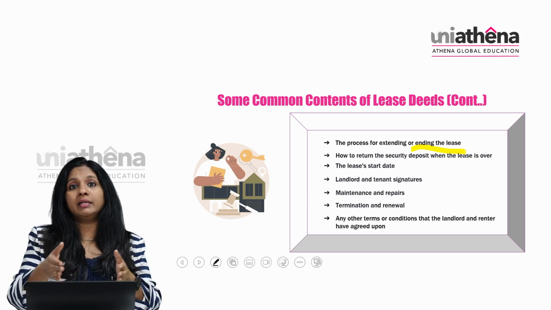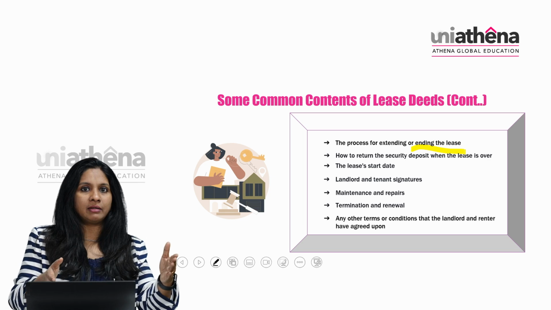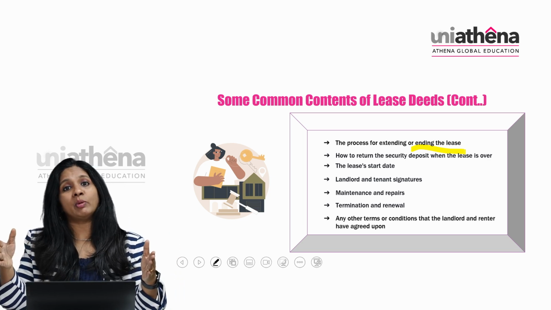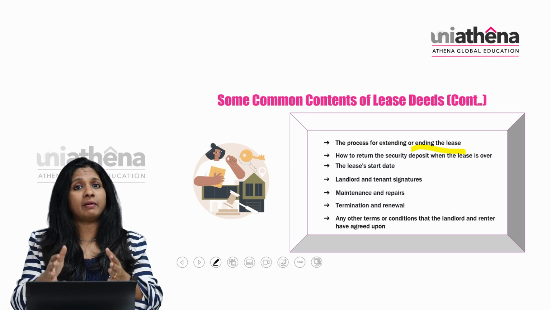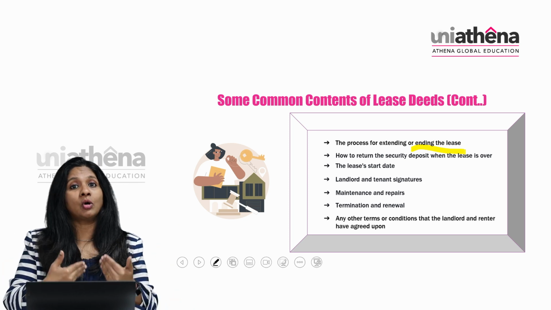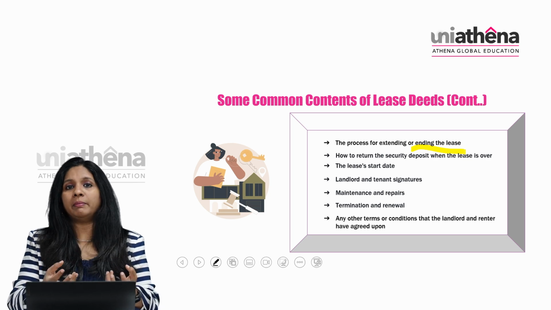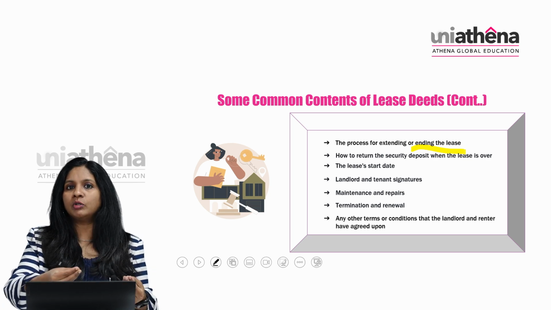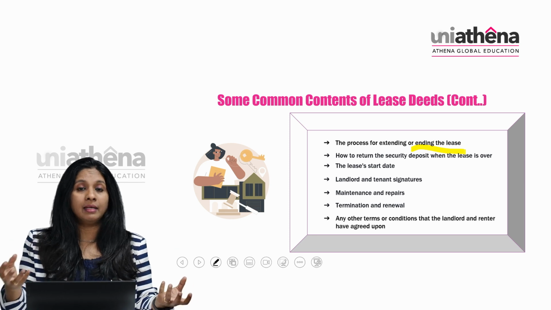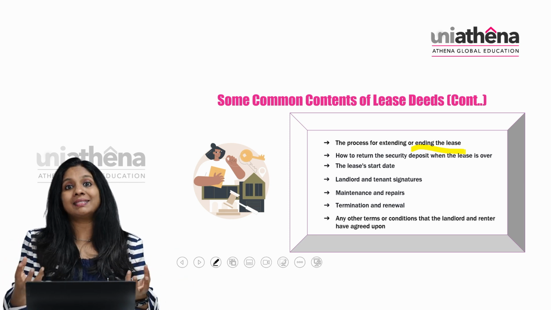If you are ending it in between, as I said, starting on 1st January 2024 and ending in December 2026, but you want to finish or terminate the lease deed in November 2025, then that clause should also be added. Who will benefit, or maybe you have to give a certain amount to the owner, or check what happened, and only then decide on the amount.